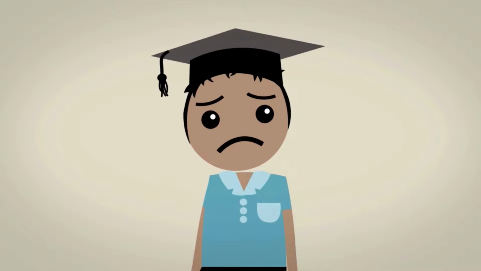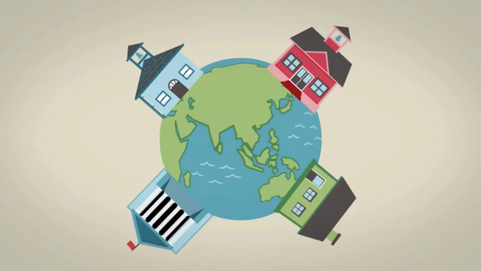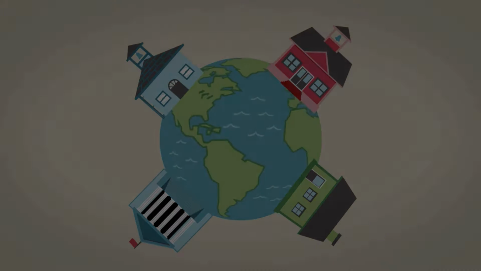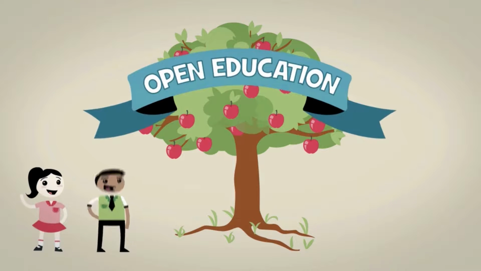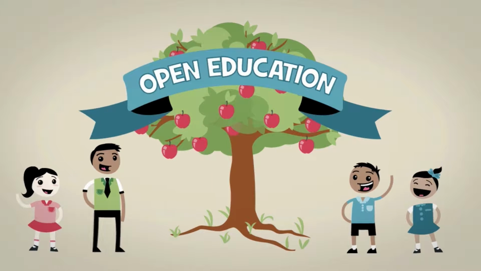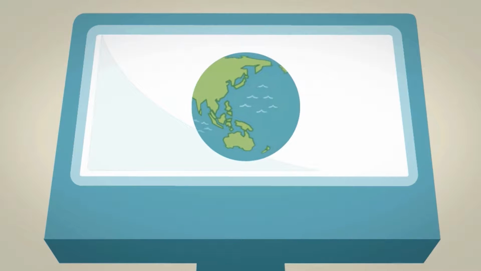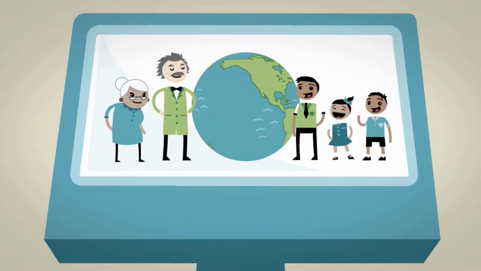It's not just Tando. This situation is being replayed in schools and colleges all around the world. So much for education for all. So how can we fix things? The answer lies in open education. Open education is a global movement that aims to bring quality education to teachers and students everywhere.